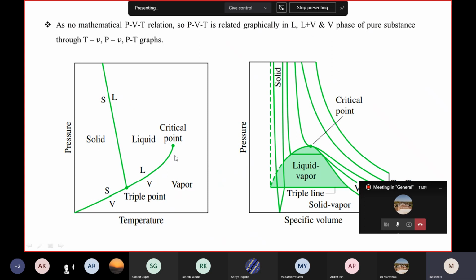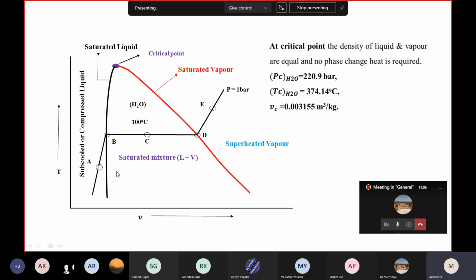Now let us discuss one by one. Suppose see, this is your TV diagram. Any pure substance, what we have assumed its composition is same, but it is changing its phase, that we have represented, right? So how it is changing the phase, let us see.